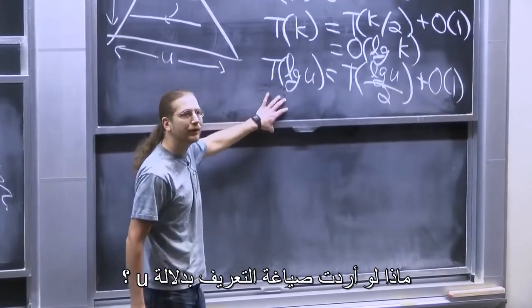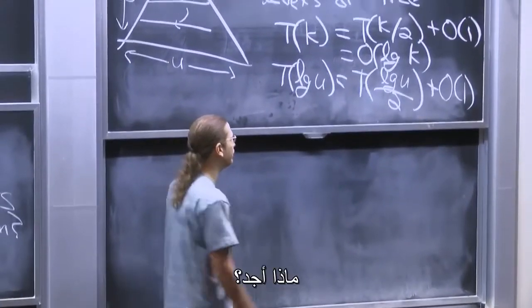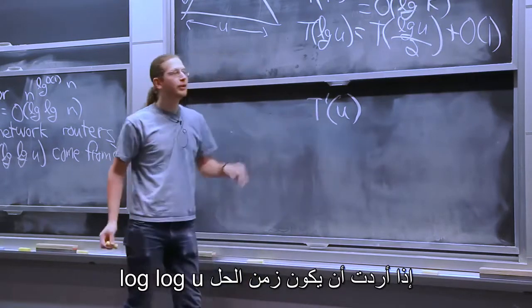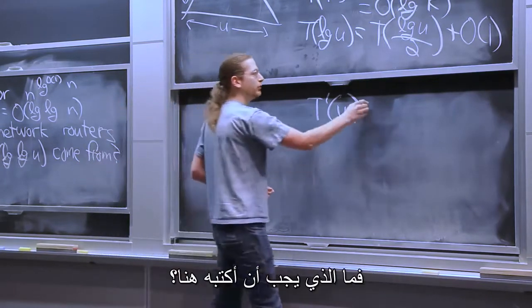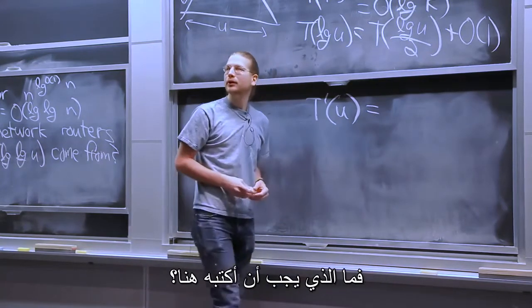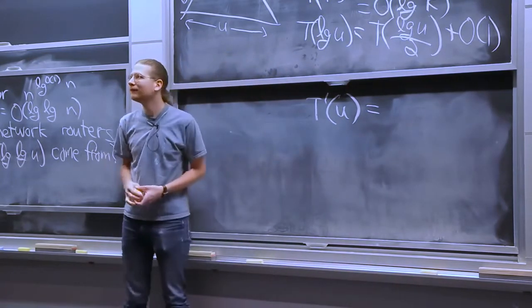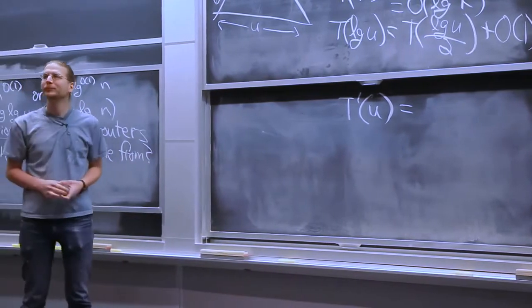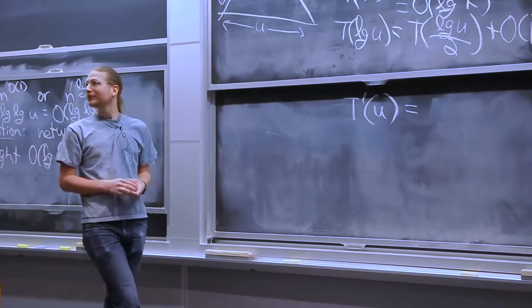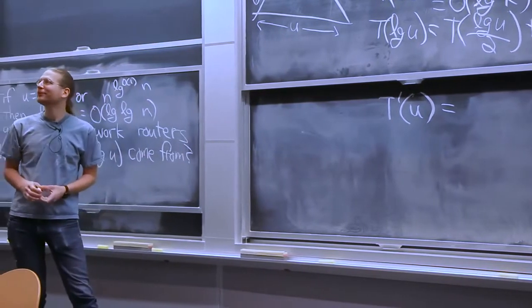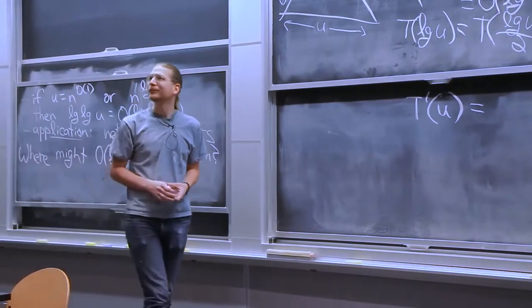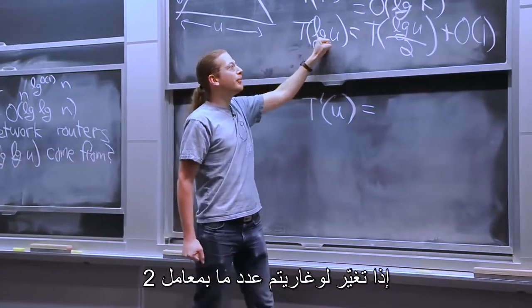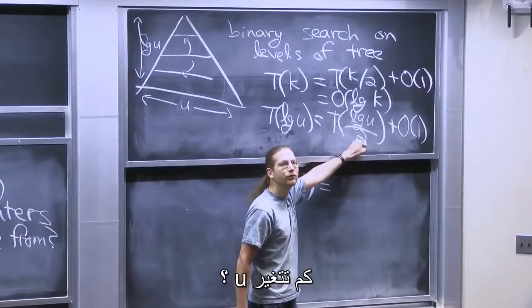What if I wanted to rewrite this recurrence in terms of u? If I wanted to have this still solve to log u, what should I write here? If I change the logarithm of a number by a factor of 2, how does u change?